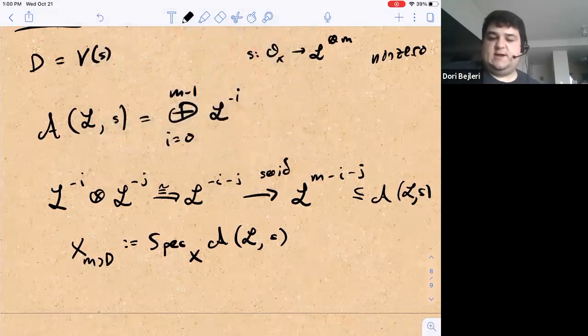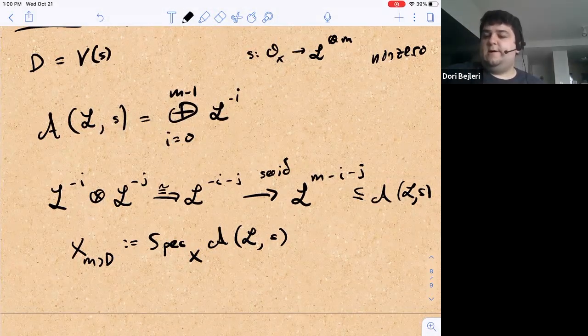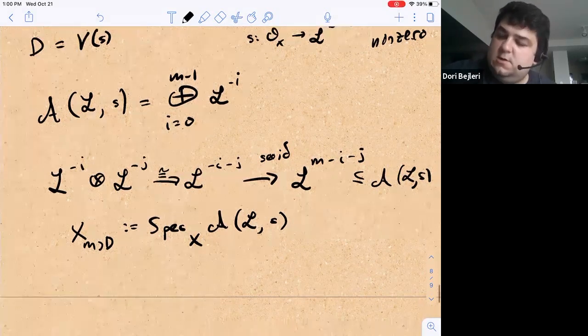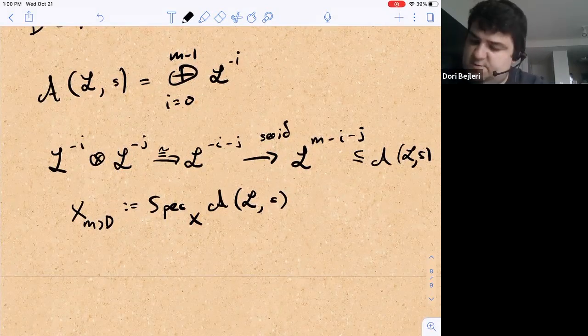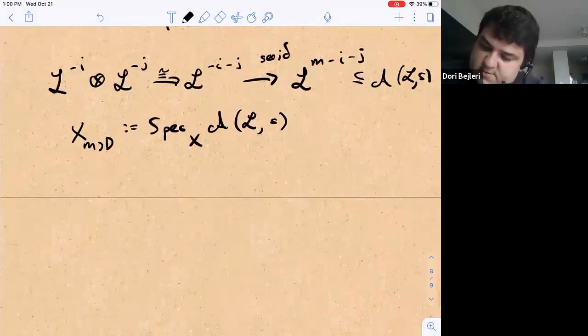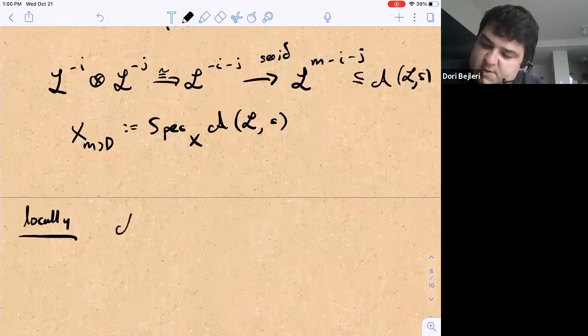Okay, so that's just the abstract definition. We constructed an algebra, took its Spec. That's some scheme that's affine over X. And the algebra, being coherent, was actually finite over X. But we really want to understand it a little better. So the key point is that locally, what is this algebra?